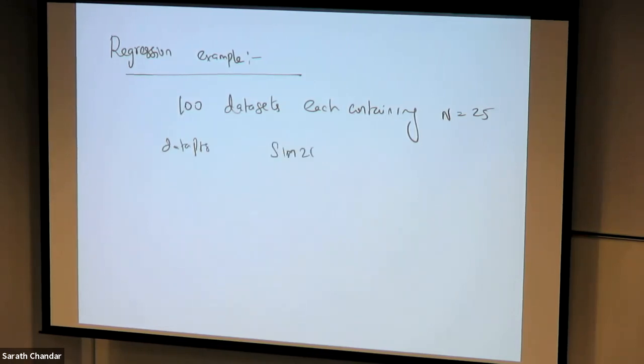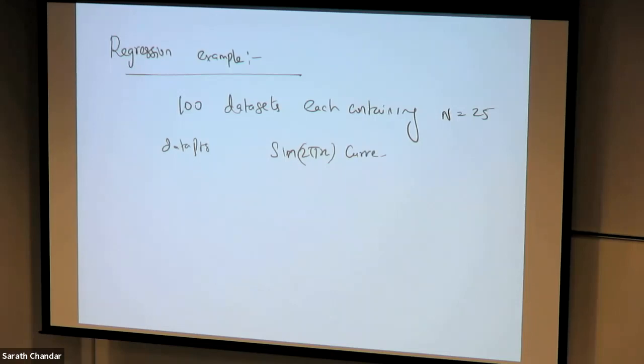To simulate the expectation with respect to data sets, I'm going to consider 100 different data sets, each containing n equals 25 data points, from the sine 2 pi x curve.